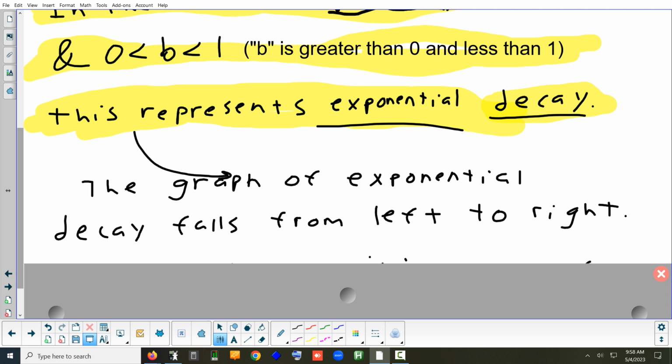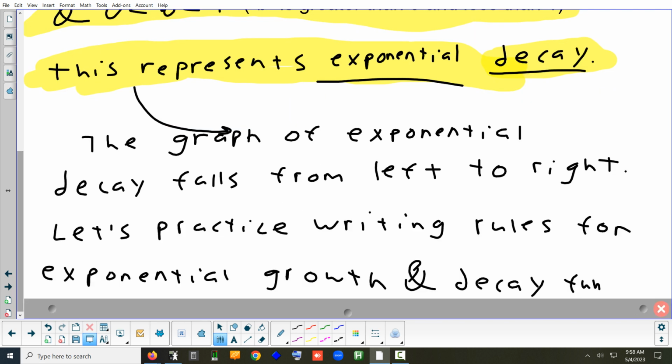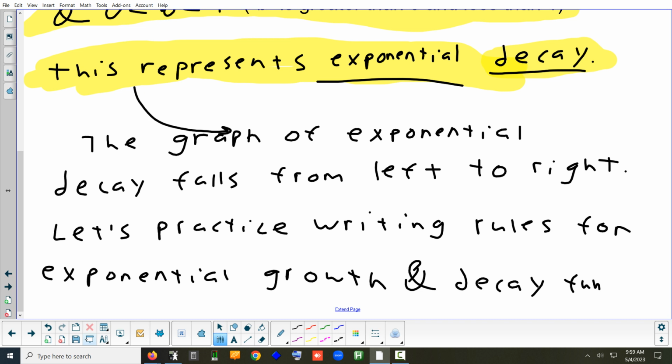That's exponential decay. All right, so let's see if we can write a rule for a graph by looking at an exponential growth and decay function. So we're going to look at an actual picture this time. We're not going to look at a table.